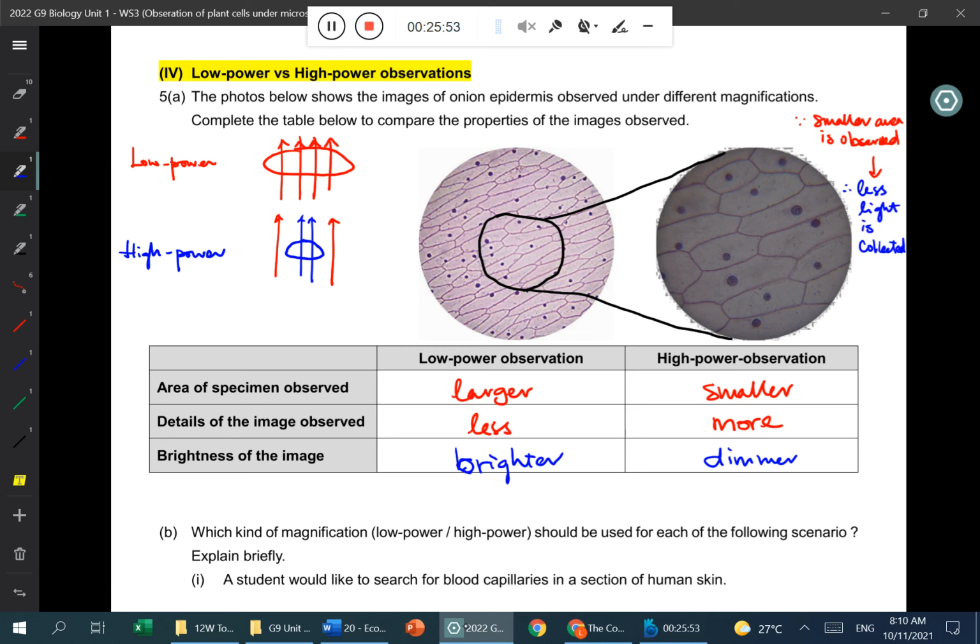How can you solve this problem? You can solve this problem by turning the lamp under the microscope to become more powerful, so that even though less light rays come through, each light ray is much stronger with a higher intensity.